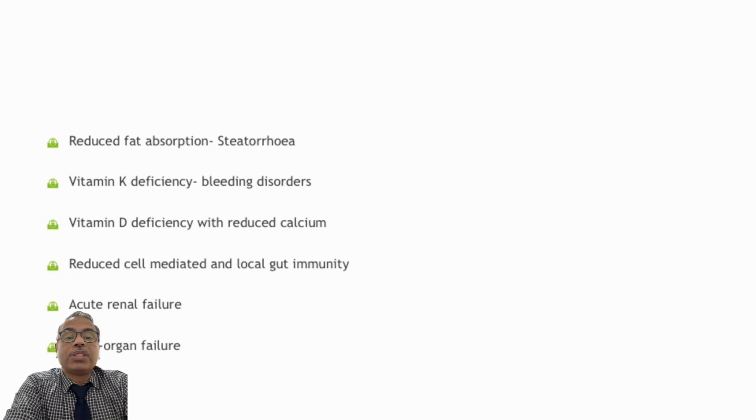Now, because of absence of bile, we have seen how it compromises the gut mucosal barrier function, but it also compromises the local gut immunity, what we call GALT, gut-associated lymphoid tissue. It has been seen that there is a compromised or reduced function of T cells as well as B lymphocytes in gut-associated lymphoid tissue.